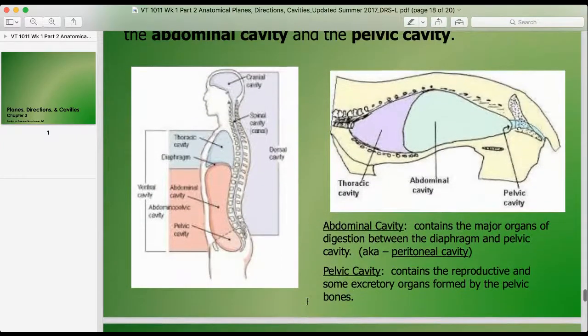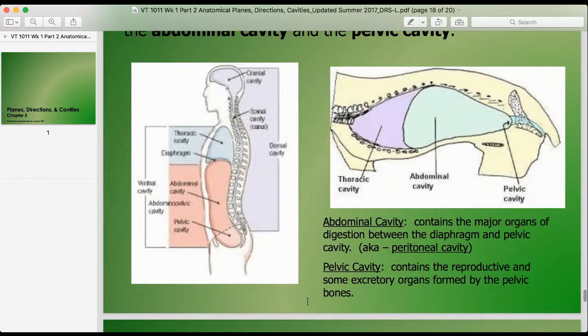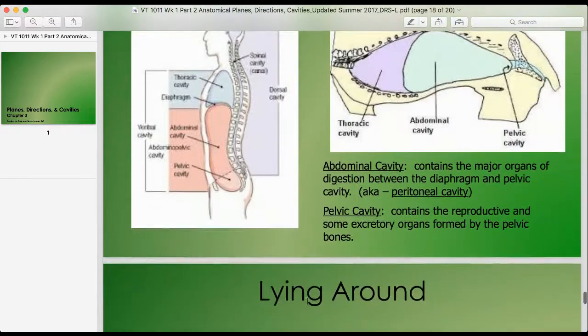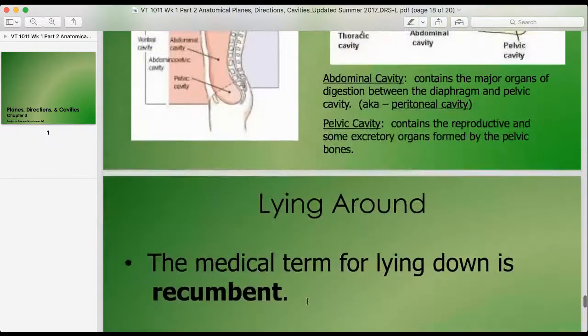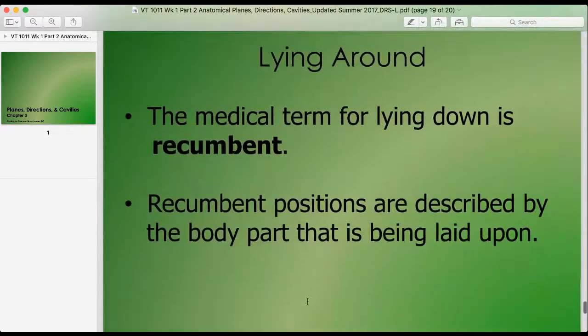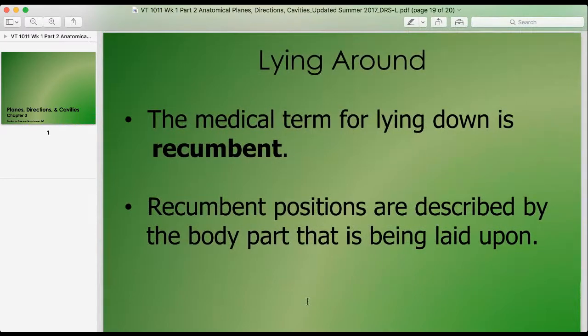The abdominal cavity contains the major organs of digestion between the diaphragm and the pelvic, and is also called the peritoneal cavity. And then the pelvic cavity contains the reproductive tract and excretory organs formed around the pelvic bones. So understand how those cavities come together.